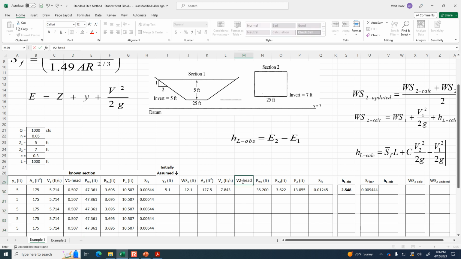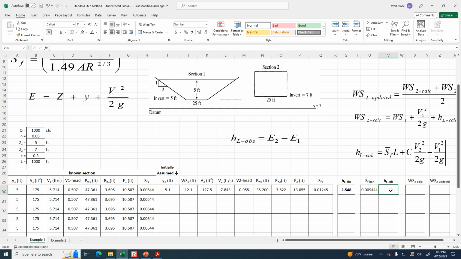V2 head. So it is velocity squared divided by 2 divided by 32.2. All right, so now it's going to make this just a little bit easier, because we don't have to embed calculating the velocity head into the equation. We can click on the locations.